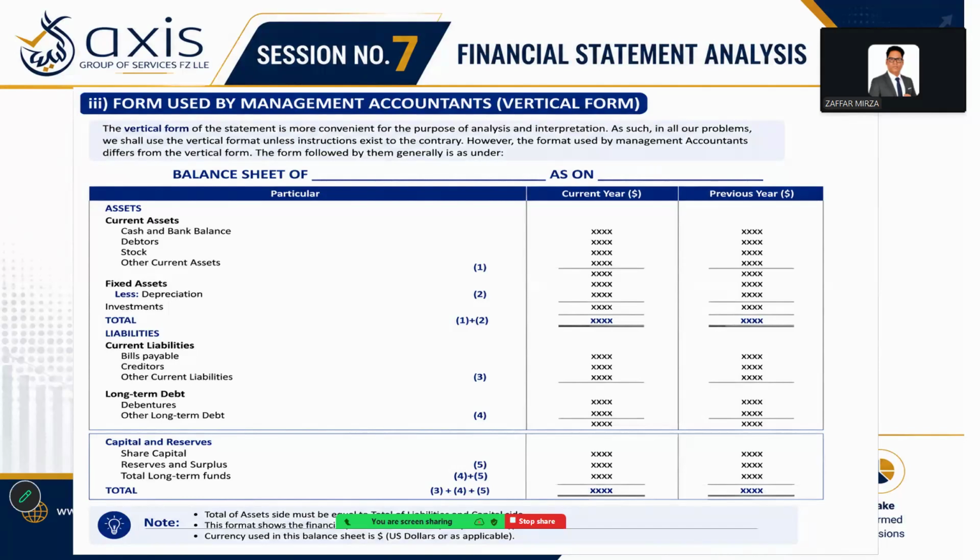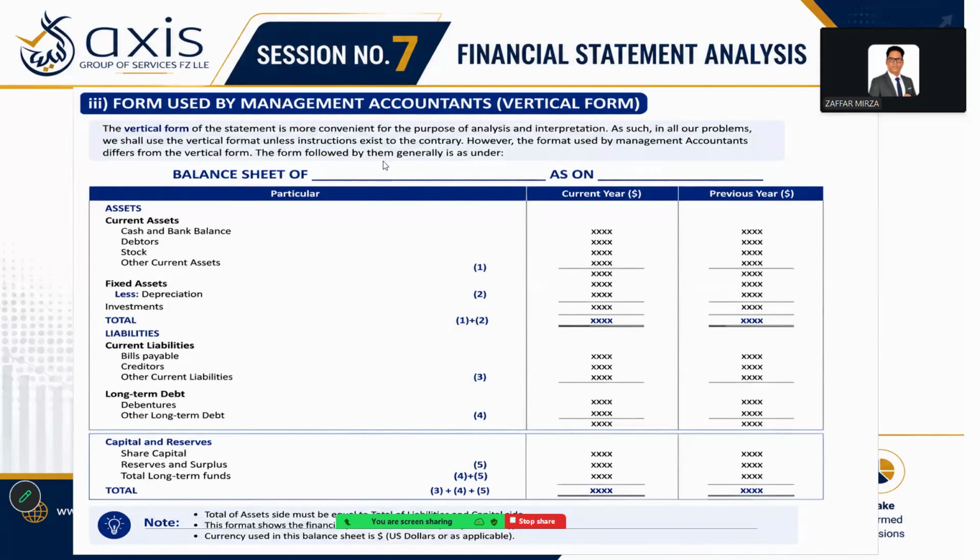The vertical form of a statement is more convenient for the purpose of analysis and interpretation, and in all problems we shall use the vertical format unless the instruction exists to the contrary. However, the format used by the management accountant is different.